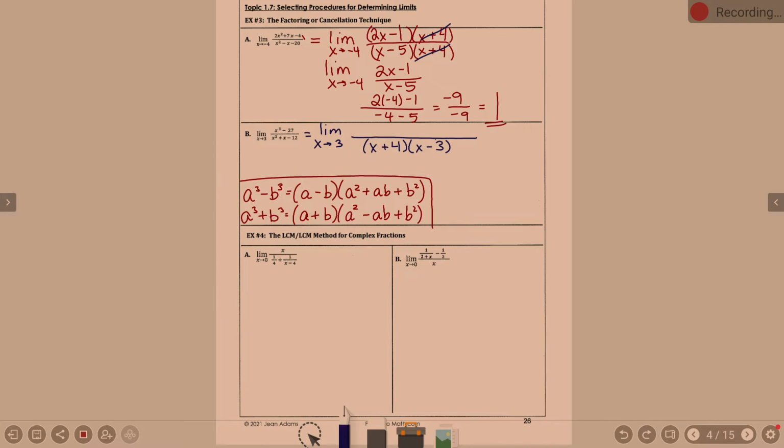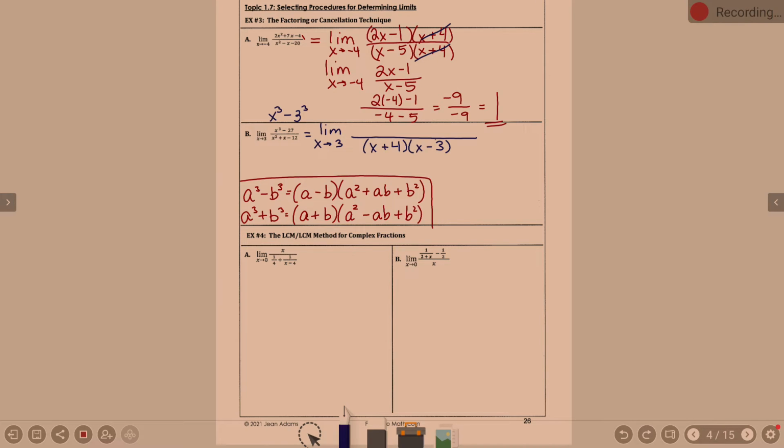This is of the form a cubed minus b cubed because it is x to the third minus, what do we know about 27? Three to the third, yes?